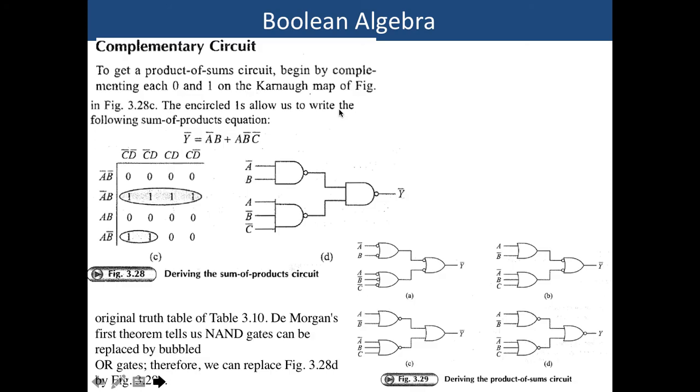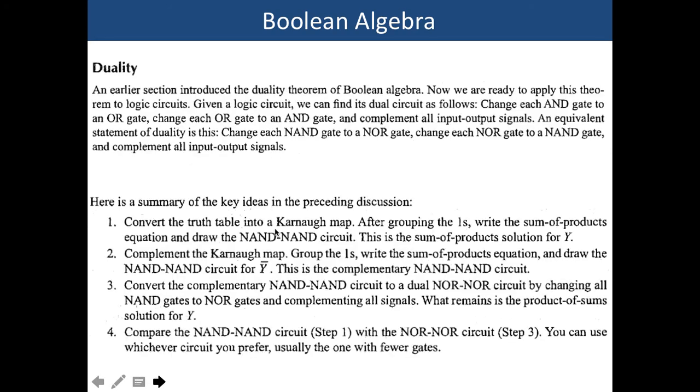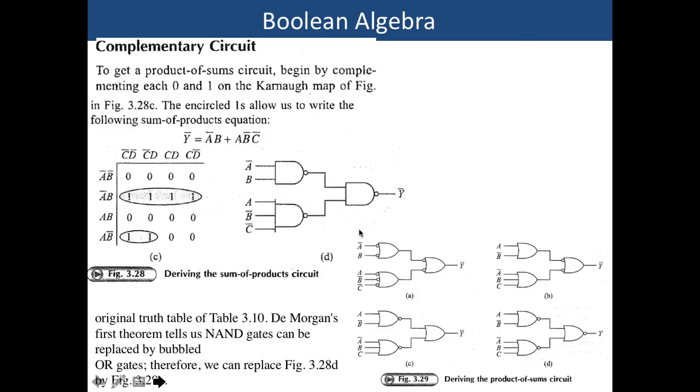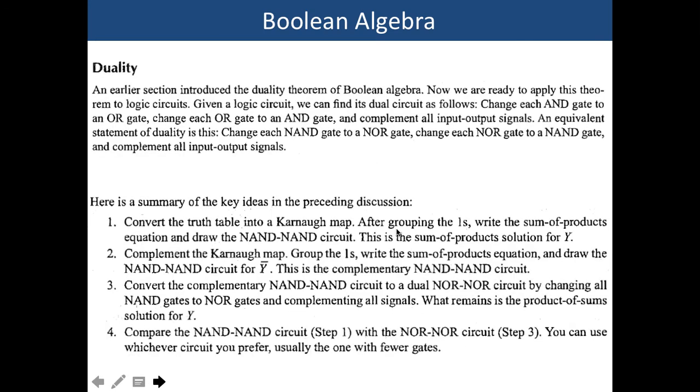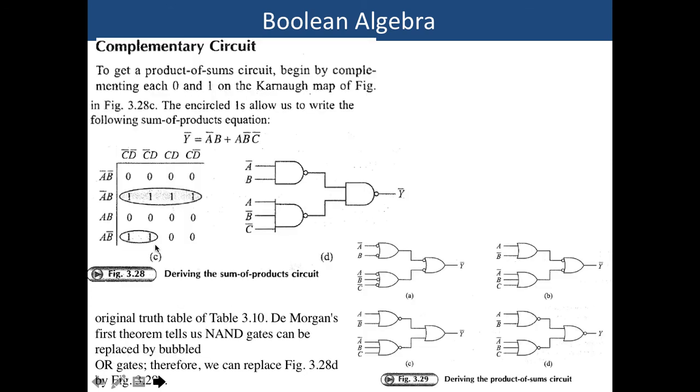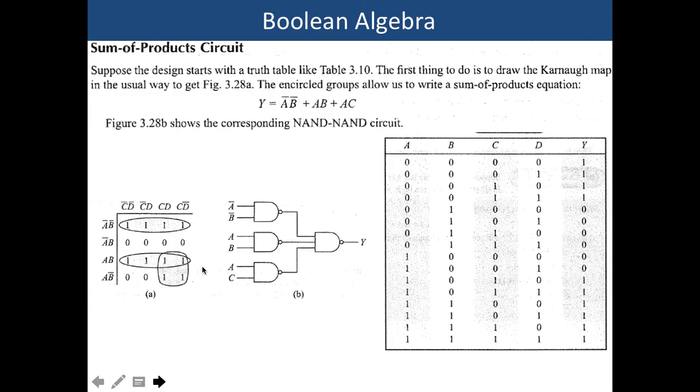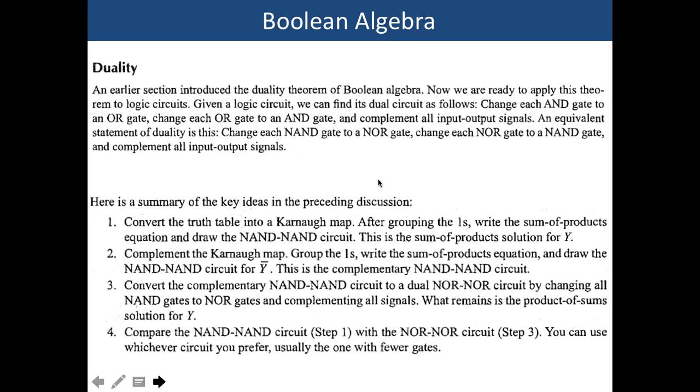So whatever we have done here, these are the steps. First step, convert the truth table into the K-map. After grouping ones, write the sum of the product equation.